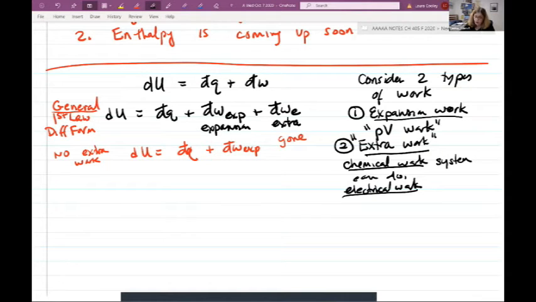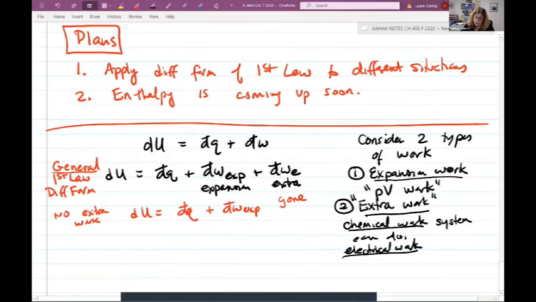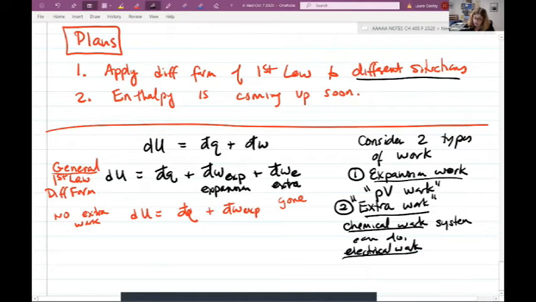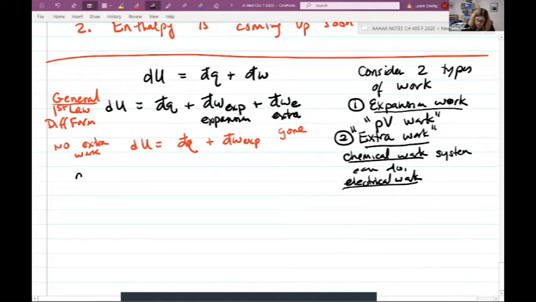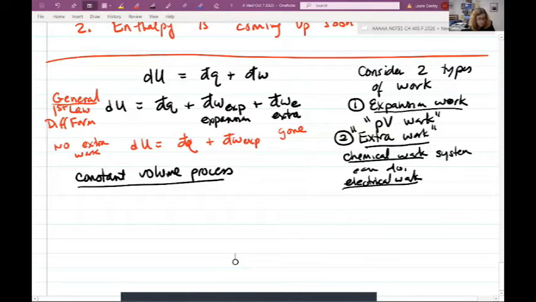So now I'm going to talk about a constant volume process. So let's write our dU equals dq plus dw expansion.